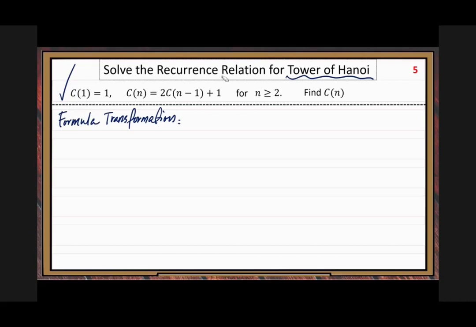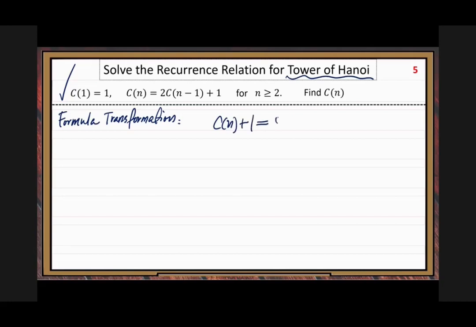All right. The point is, we add 1 to both sides. The right-hand side, C of n plus 1.